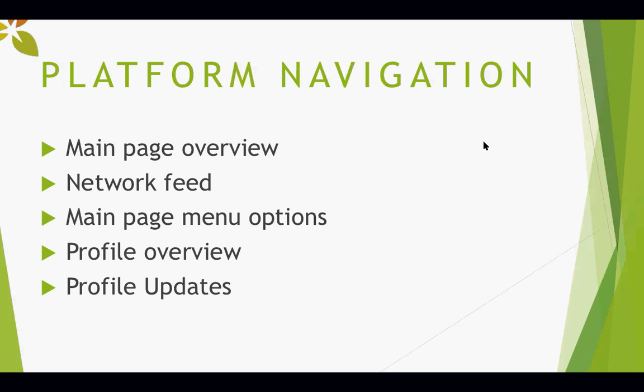We'll do an overview of your profile and the different sections of it. Now, bear in mind that while the names of the sections are going to be the same, the order in which they're listed can differ from person to person. And we'll also look at profile updates, so how you go through and navigate to update your profile.